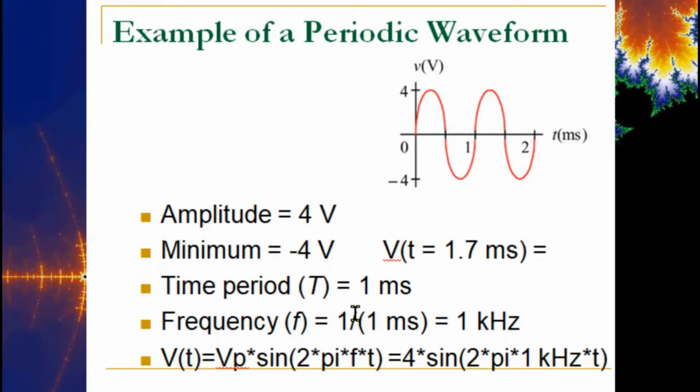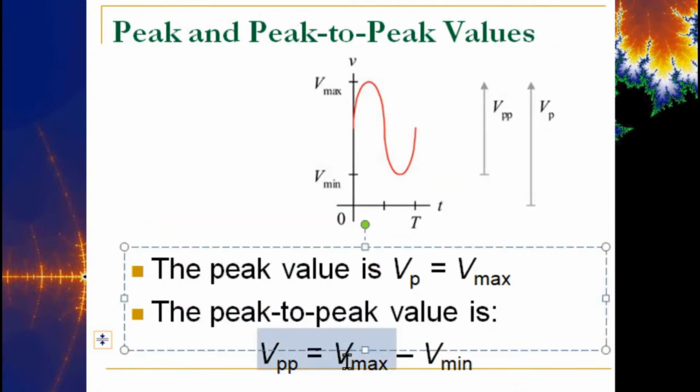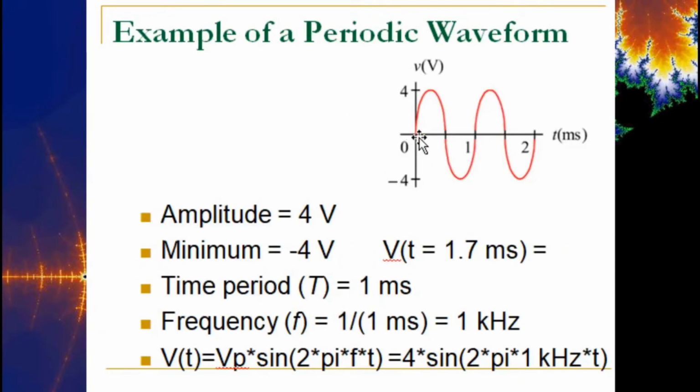I like to just learn the one method that's good for all things. And so I always use maximum value minus the minimum. In this case, since we average 0 over time here, and there's no DC offset, 4 maximum minus the minimum, so 4 minus a negative 4 gives us 8. That is, in this case, 2 times the peak.